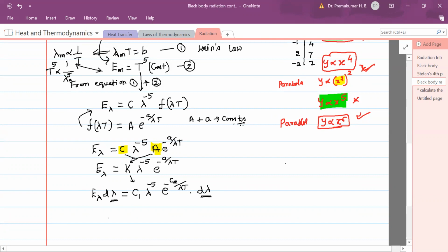This is the expression Wien derived to explain this black body radiation curve. You can call it Wien's law of energy distribution.